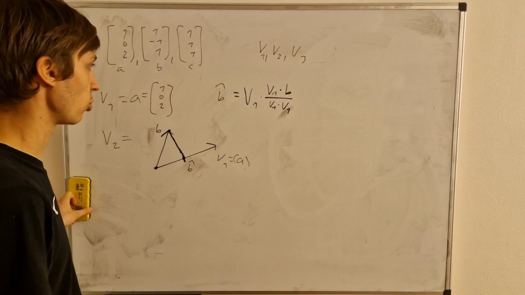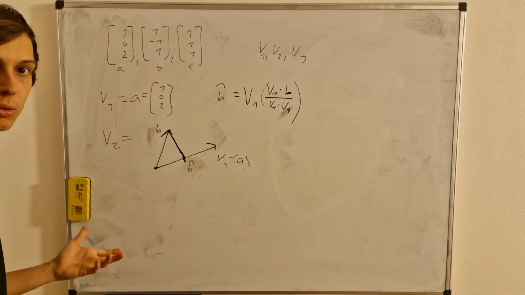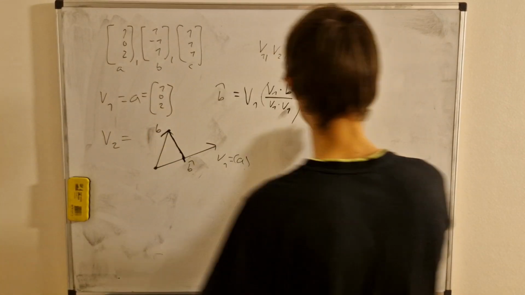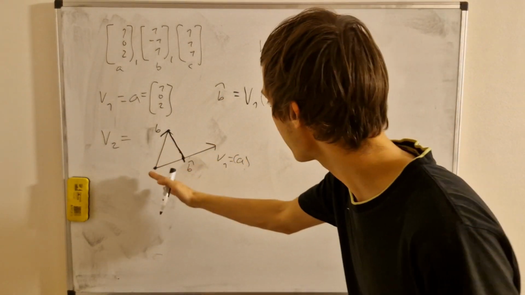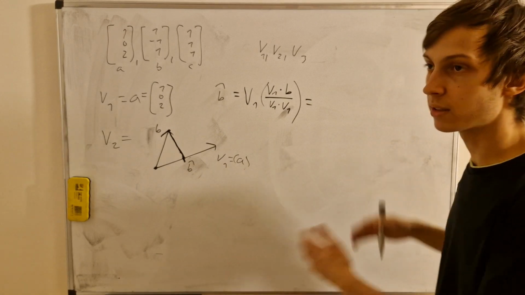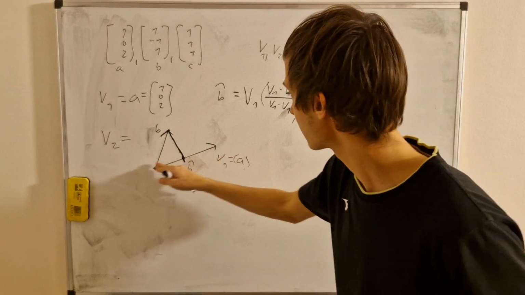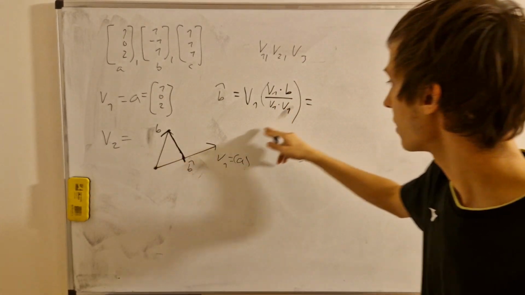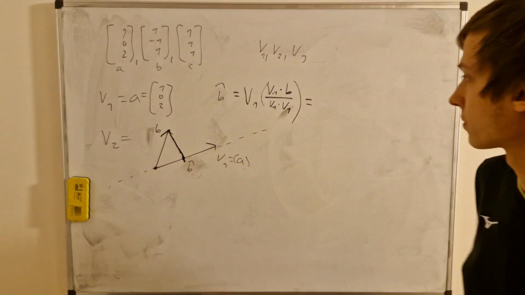That's it. So we need this. This is a scalar multiple of V1. It will be a scalar multiple of V1 eventually. That's the point, because it has to lie on V1. It won't be all the way till its end. Maybe it will be beyond its end, as we draw it here, but that's not the point. It will be some scalar, some segment, in the direction that is drawn by V1.